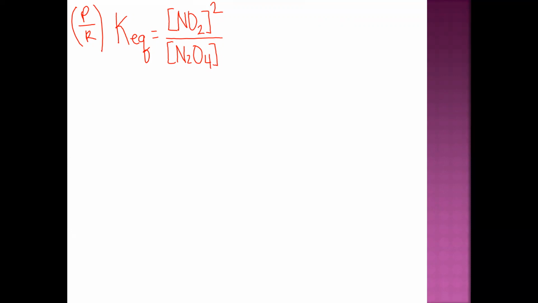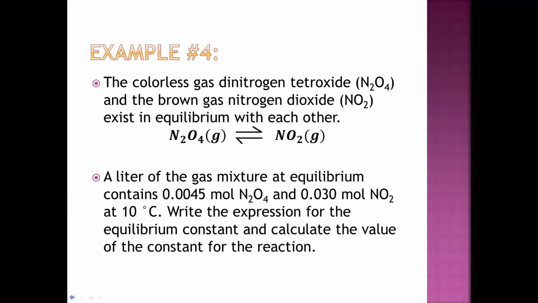Now this is where it gets tricky. You see where it says a liter? It's 1 liter, right? And then we've got moles. Gotta be careful about what those moles are about. If the brackets mean molarity, does anybody remember what we do to find molarity?